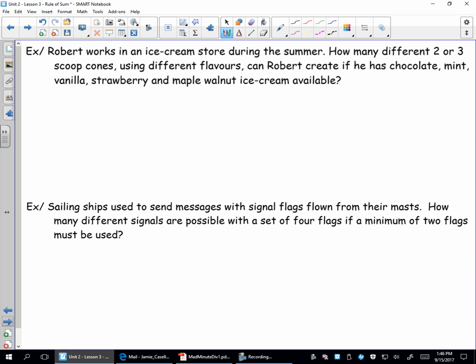Let's look at the next one. We're going to do most of the examples today, okay? Robert works in an ice cream store during the summer. How many 2 or 3 scoop cones, using different flavors, can Robert create if he has chocolate, mint, vanilla, strawberry, and maple walnut ice cream available? So the question we have to ask ourselves is, is he making 2 scoops or 3 scoops?